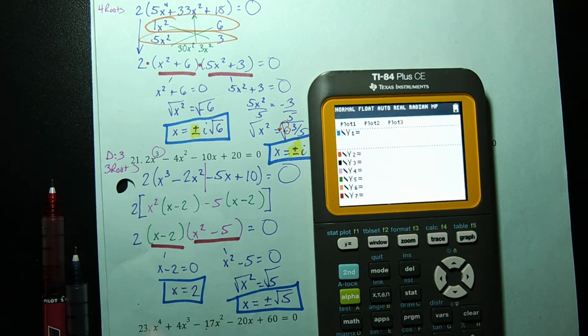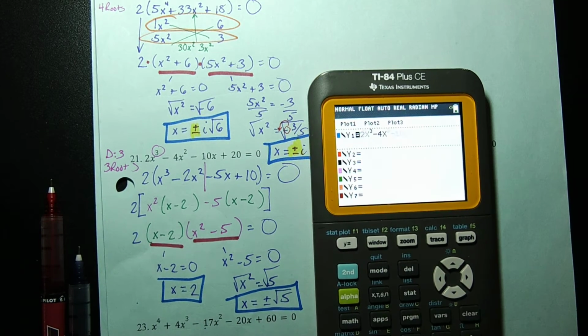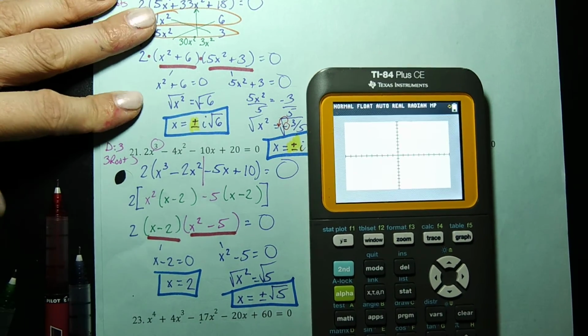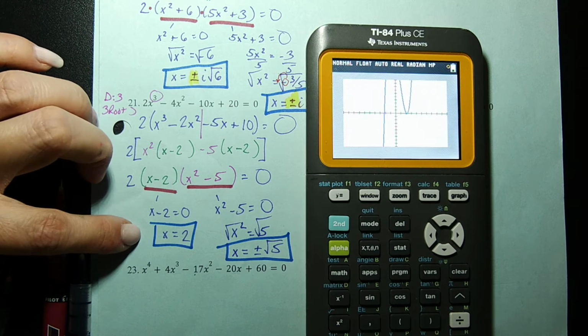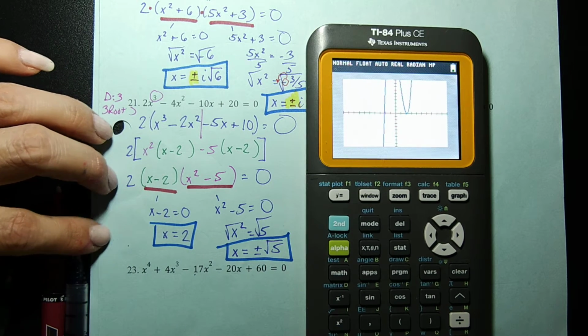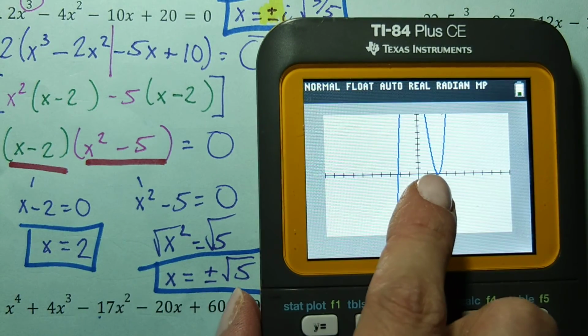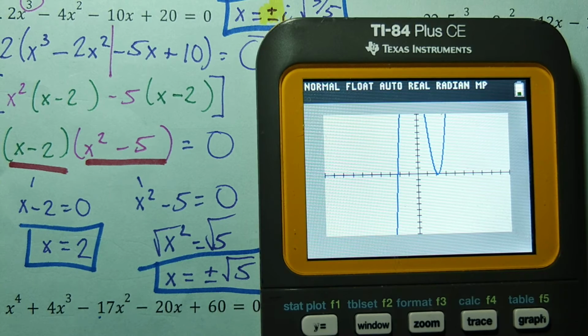So we're going to type in this equation, just to make sure I didn't do anything weird. And if I type in this equation, how many roots should I see? 3.